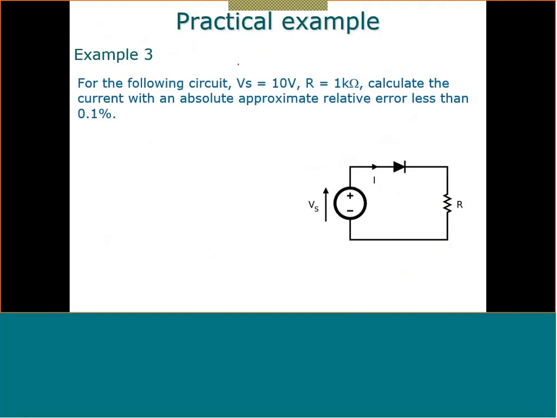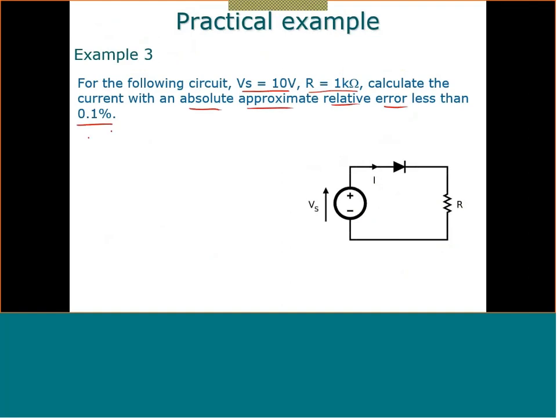So let's see here. We have this question: Vs is equal to 10 volt, R is equal to 1 kilo ohm. We want to find this current I. And of course we will end up having a nonlinear equation. So we want to do iterations using the bisection method, until the absolute approximate relative error is less than 0.1%.